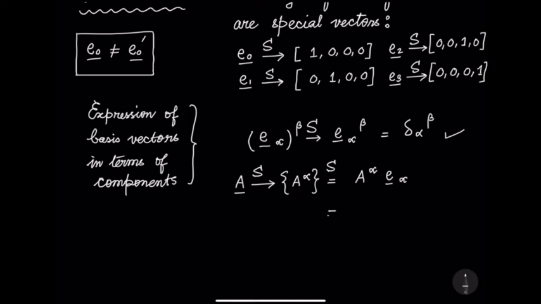If I have it defined in another reference frame, then this will be A alpha prime. One thing we realize is that this is a summation, right? So this essentially means A0 times the 0th unit vector, plus A1 times the first unit vector, A2 times the second unit vector, A3 times the third unit vector, right?